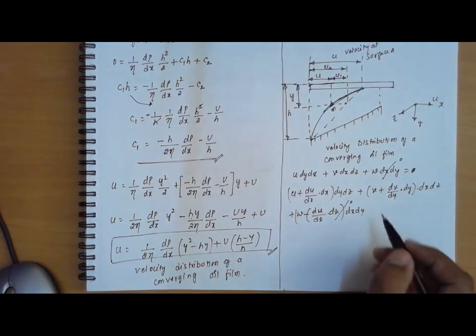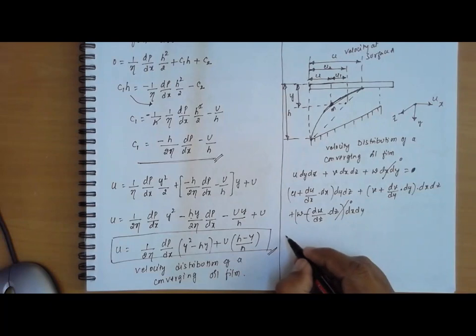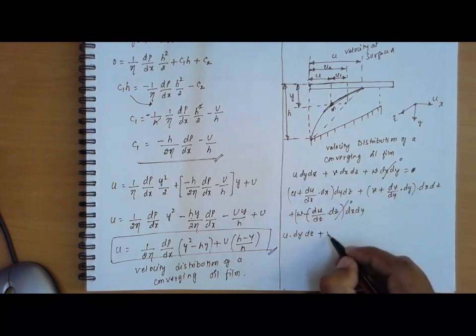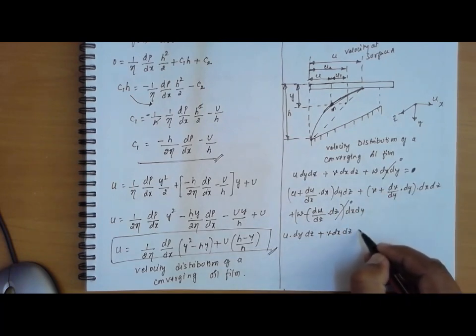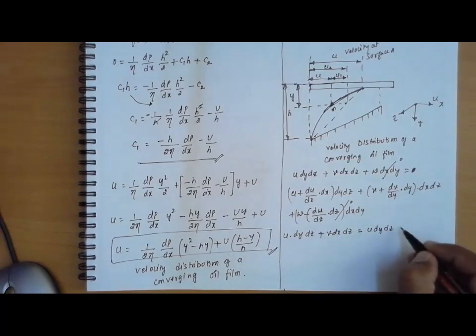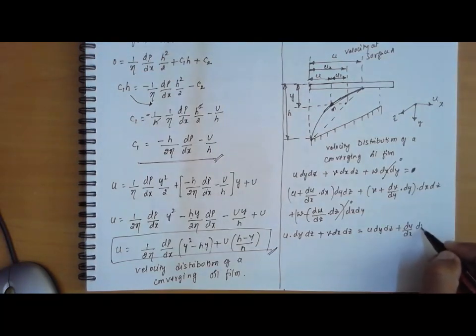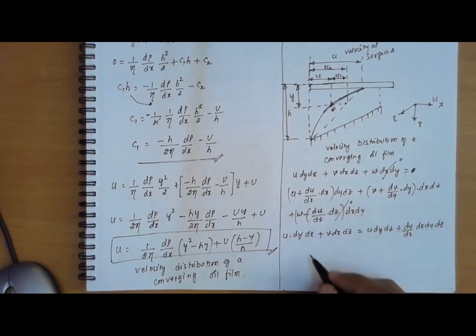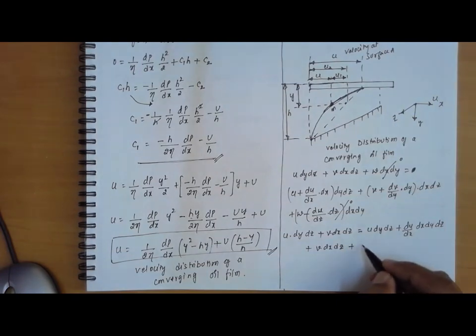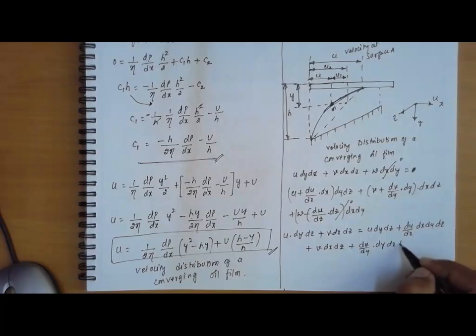Now if we cancel these two terms, finally we will be left with u into dy dz plus v into dx dz, equal to u into dy dz plus dou u by dou x into dx dy dz plus v into dx dz plus dou v by dou y into dy into dx dz.